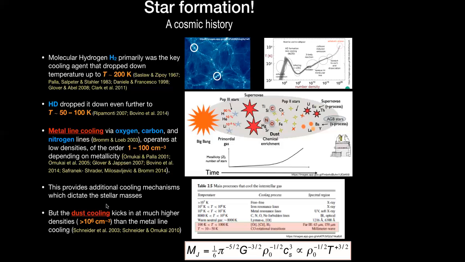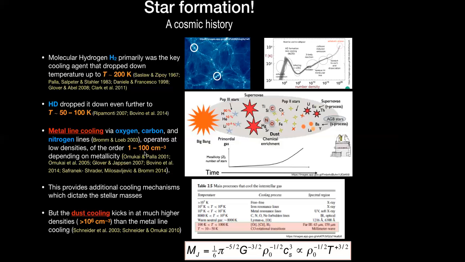However, it is also important to notice at what densities of the gas these agents actually start playing their role. When we talk about the metal line cooling, it is around a number density of 10^-2 per cubic centimeter.